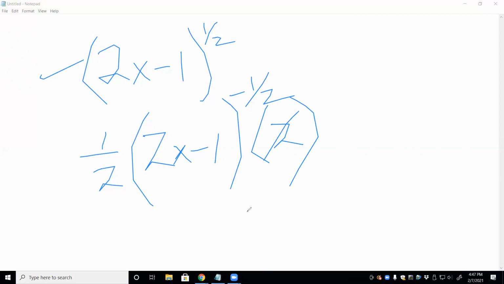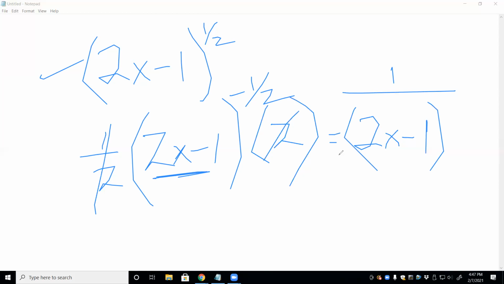And that 2, which is the derivative of that, cancels with that. And so now I'm left with 2x minus 1 to the negative 1/2, which is the same as the square root of that. So it's 1 over the square root of 2x minus 1.